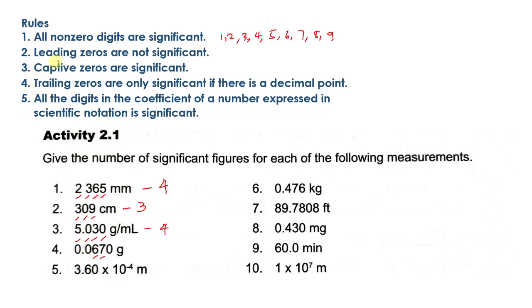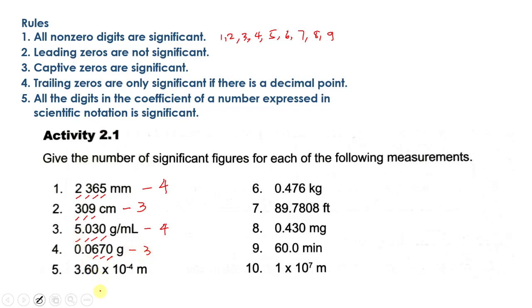So in this case, leading zeros are not significant, so they will not be counted. Then here we have a trailing 0. Again, trailing zeros are significant if there is a decimal point. And in this case, there is a decimal point, therefore this trailing 0 is significant. So number 4 has 3 significant figures.